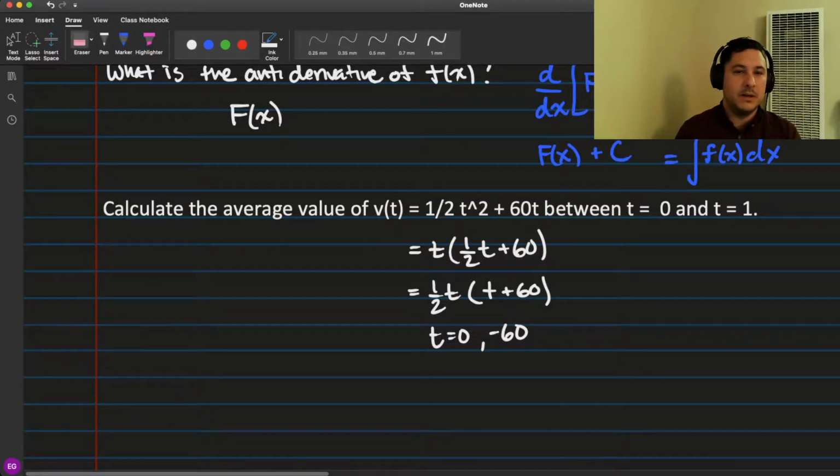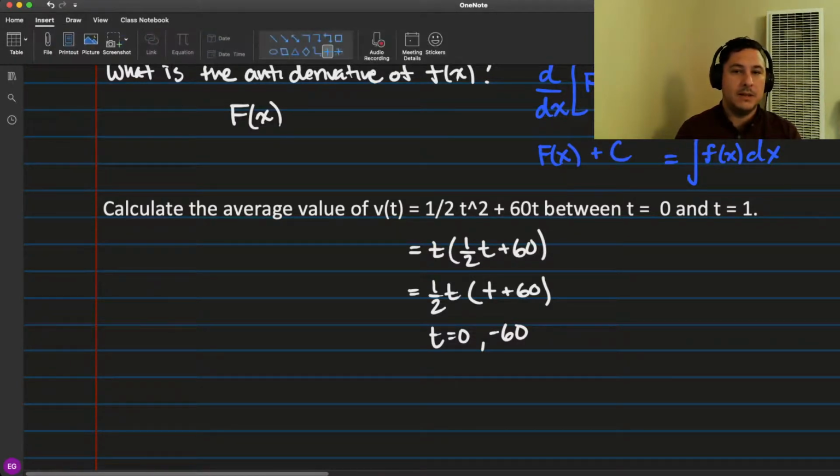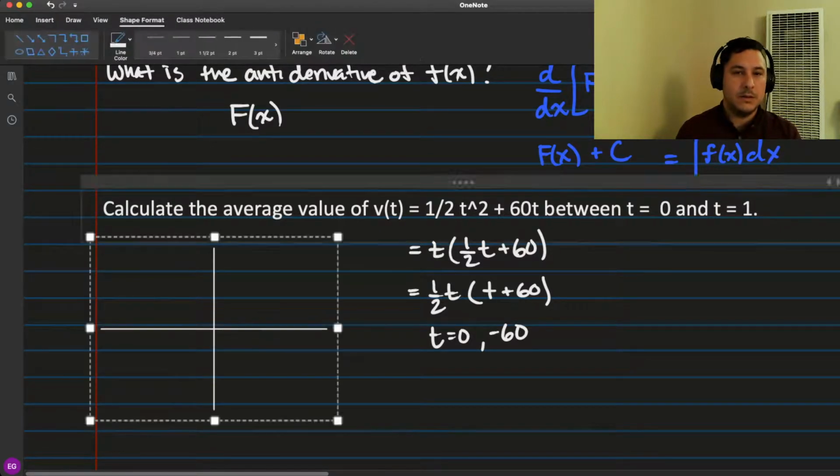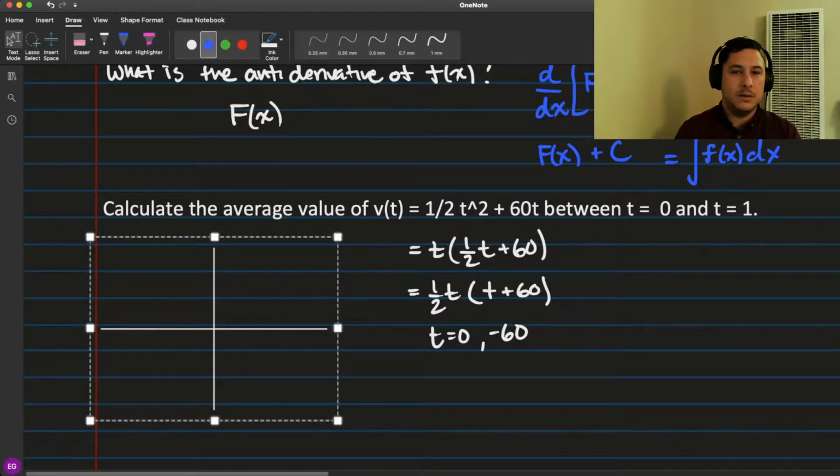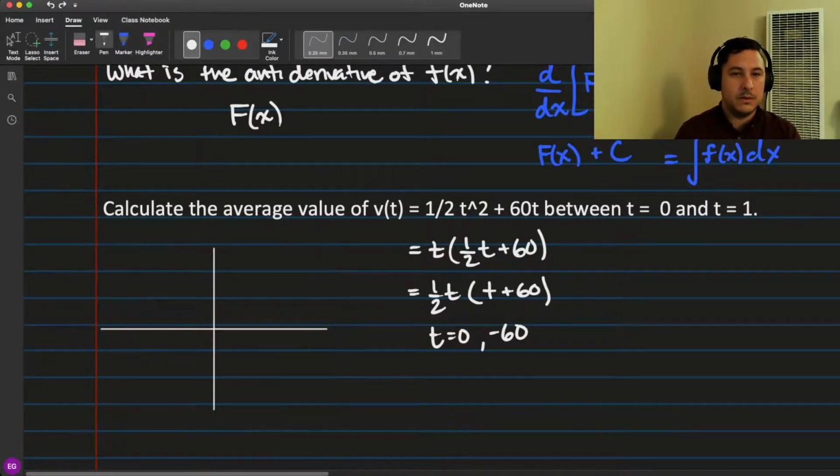Let me erase this one. Let me draw a better axis. So it goes through this point at 0. It goes through this point at negative 60.